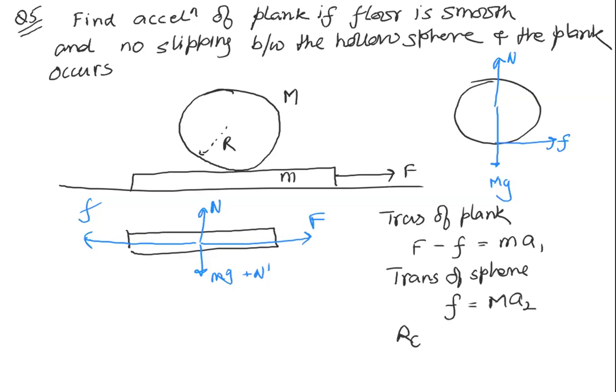The rotation of sphere, please notice, this is a very distinct possibility that you will face. And that possibility is that the same thing is responsible for translation and the same thing is responsible for alpha.